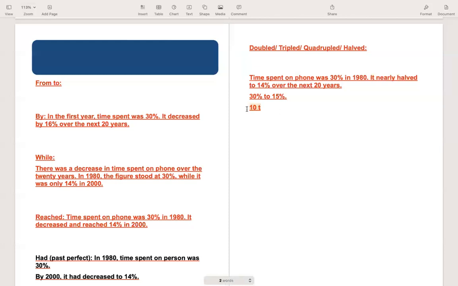She had a doubt why nearly is coming before halved, because the adverb comes after the verb, but here it's going to come before halved. It is an adverb, describing your half: it nearly halved. So let me talk to ma'am about this. Any other doubts? Tell me.